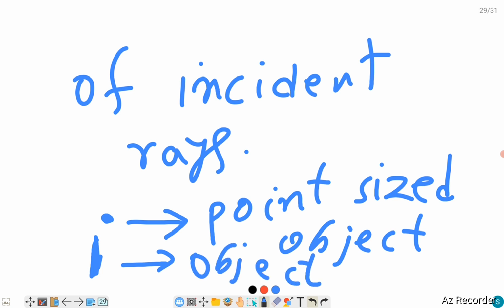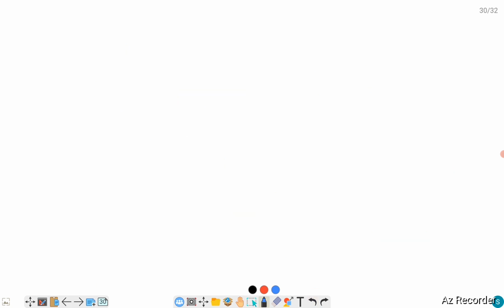So this also we just consider as object. Understood? Now let us see, by taking a point object, how we get the image in the plane mirror. Now I am just taking a plane mirror. In front of that I will place an object O. Now I am taking rays from the object.